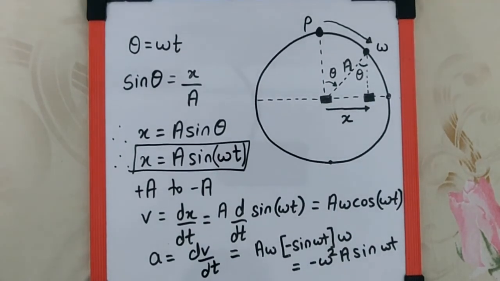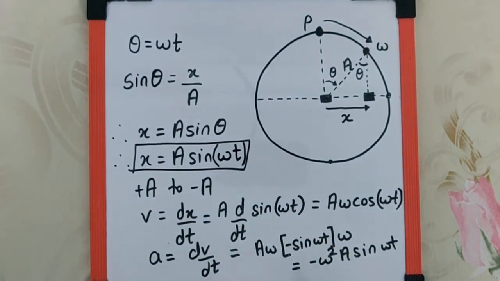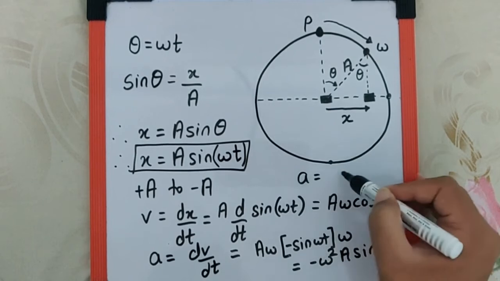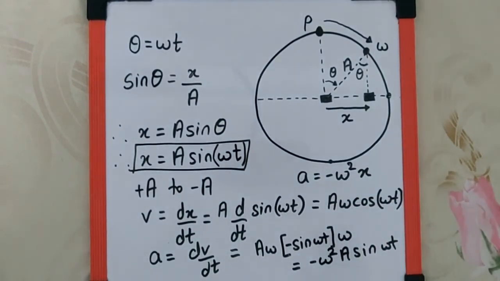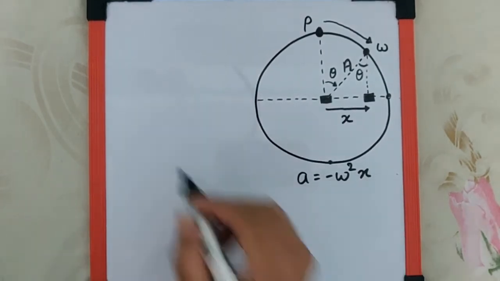Now if you carefully check, you get A sine omega t back, which is the x in the equation of acceleration. So we can write the acceleration as minus omega square x.